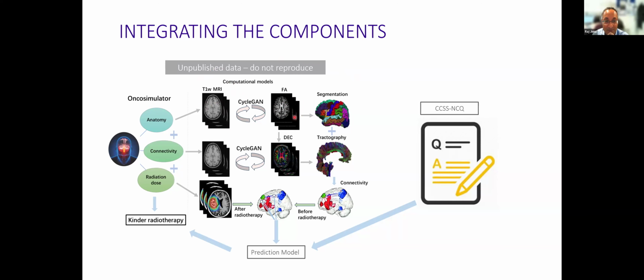That would be the idea. Then we generate the directionally encoded color maps, and we then calculate the connections between all of these areas. And then basically we have the radiation dose, and we have data from the patients as to how they responded to radiotherapy. So we can use that basically to try and make predictions that we can validate after radiotherapy treatment. And that's kind of the fundamental concept of what we're trying to do.